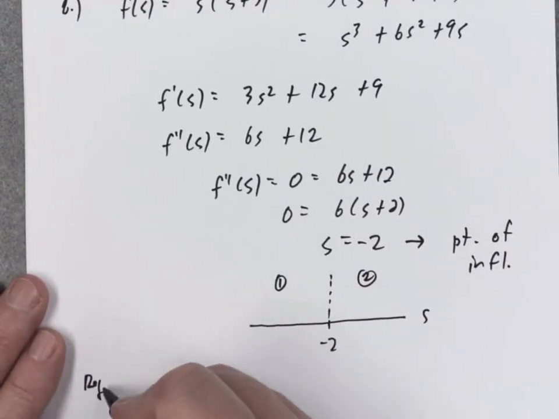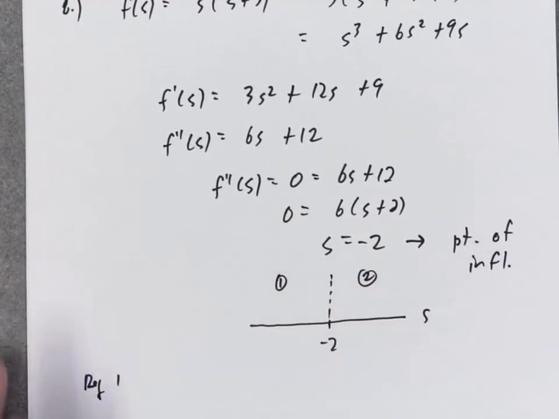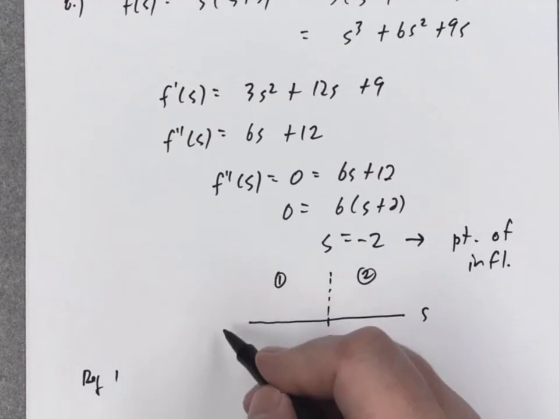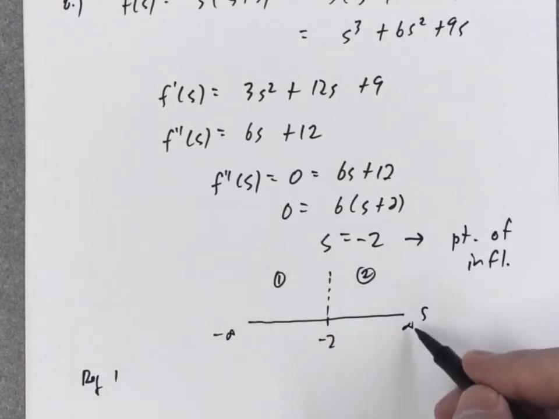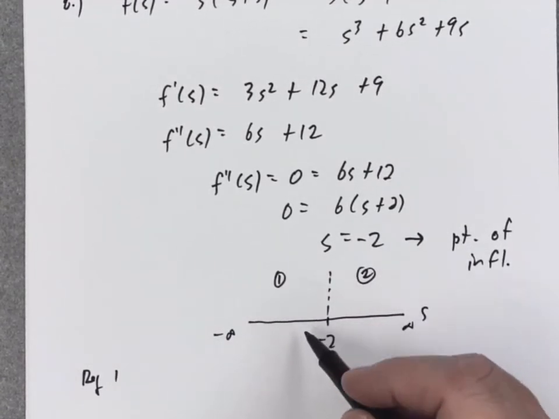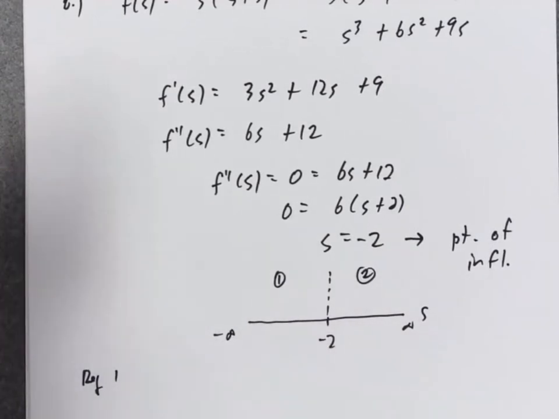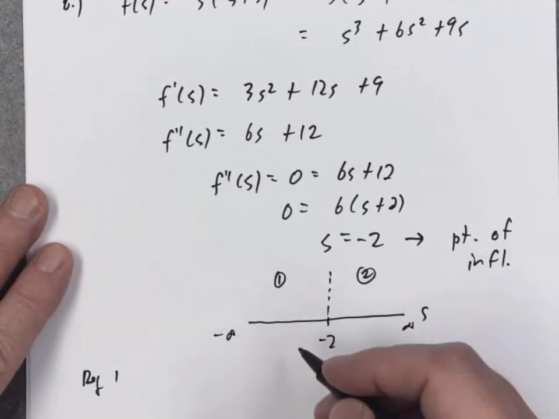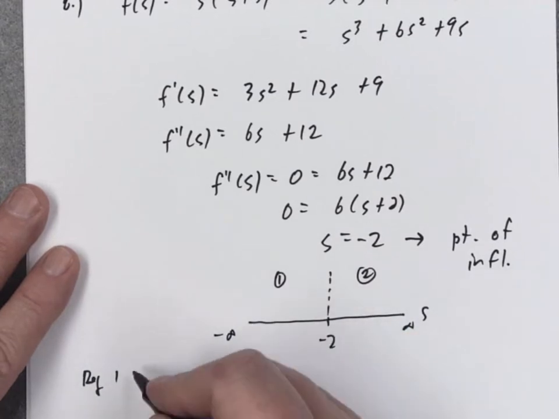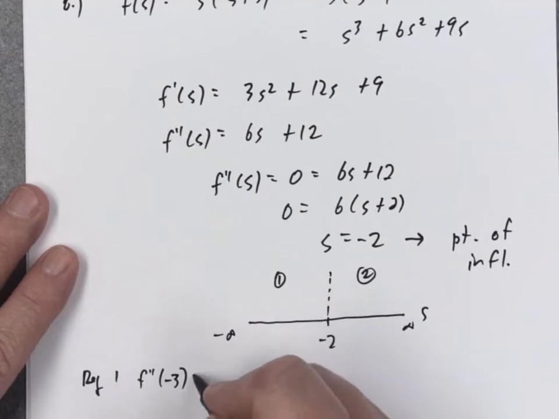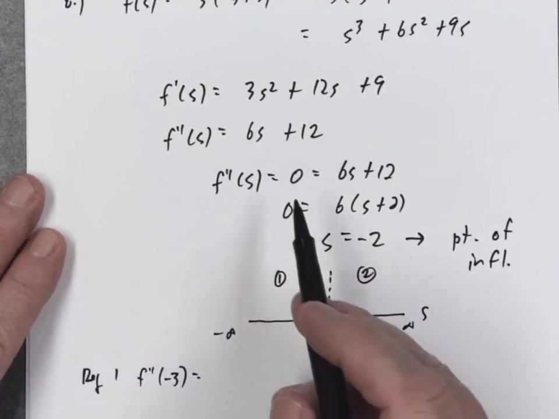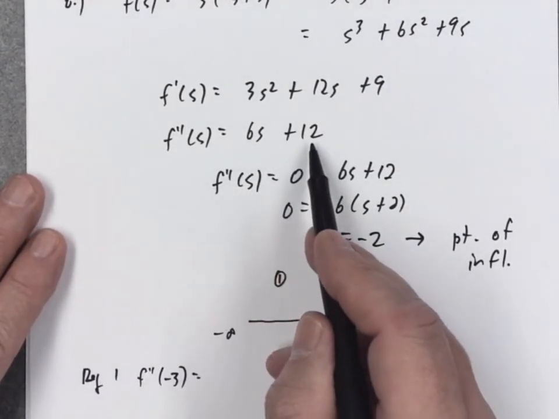Now I go into each region, and I'm going to look in region 1 and choose a value of s between -infinity and -2, and I'm going to plug it into the second derivative and see if it's positive or negative. So let's just choose -3. So the second derivative when s is -3. Here's the second derivative.